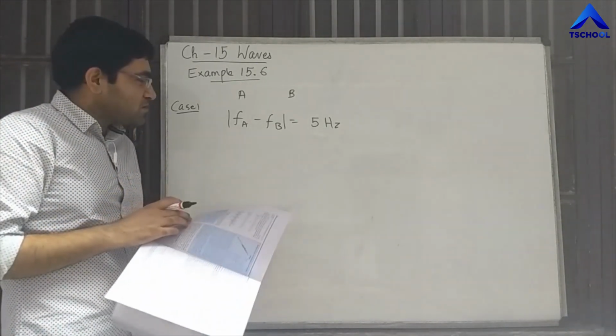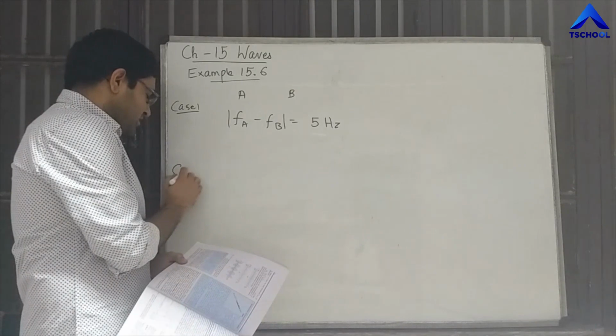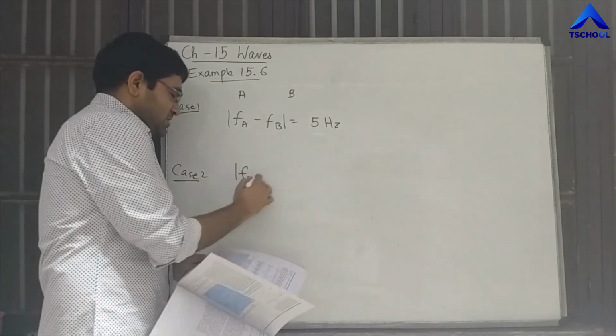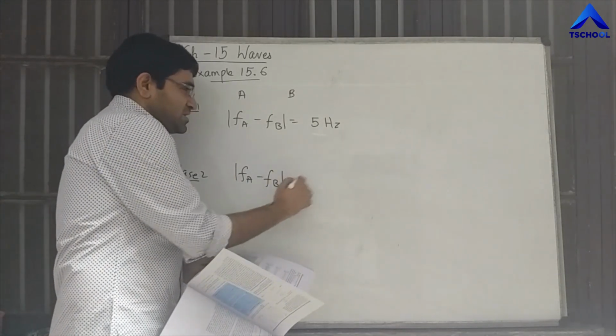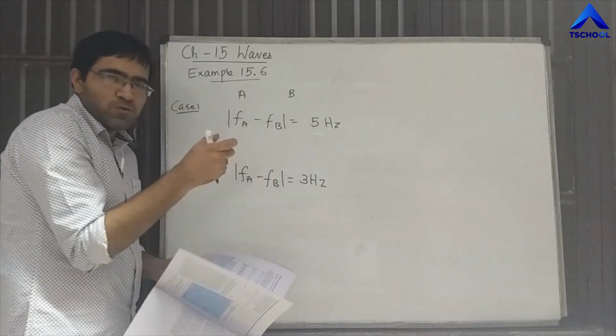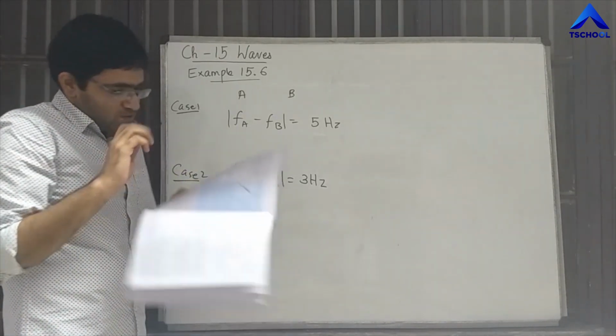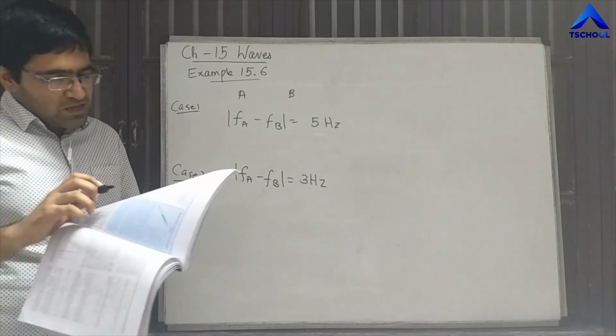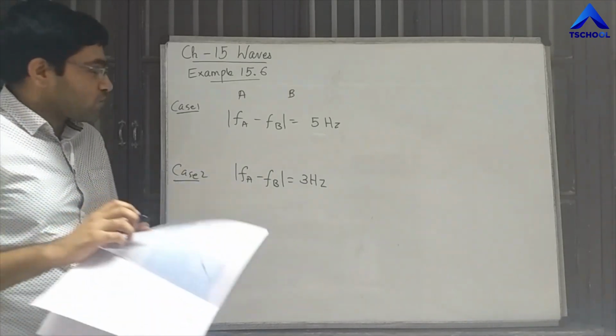So that is being done. After tightening the string, the beat frequency is only 3 Hz. That is, the difference has narrowed. What is the original frequency of B if the frequency of A is 427 Hz?